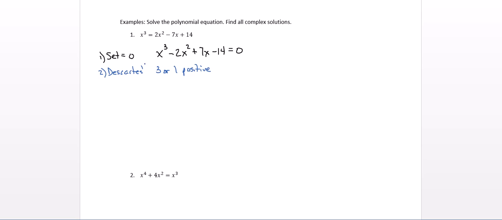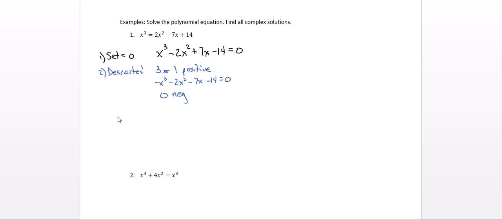When I change it to a negative, negative x cubed minus 2x squared minus 7x minus 14 equals 0. If I replace x by a negative x, the odd powers change signs. The even powers and constant terms do not. Notice there is no change, so 0 possible negative real zeros.